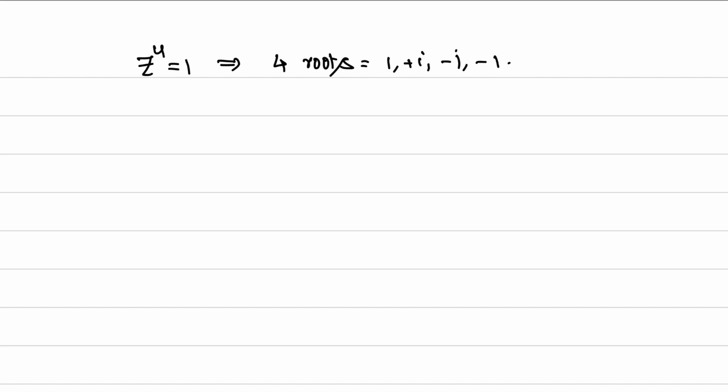These are the total number of roots, whereas primitive roots are i and minus i. That means primitive roots are always lesser than the total number of roots. Hence, in the first page itself, I have shown the answer is not equal to 276.